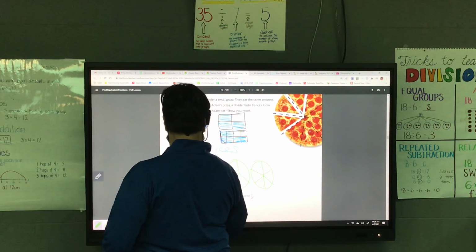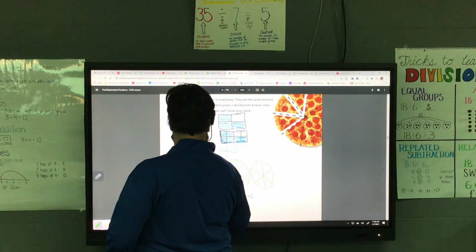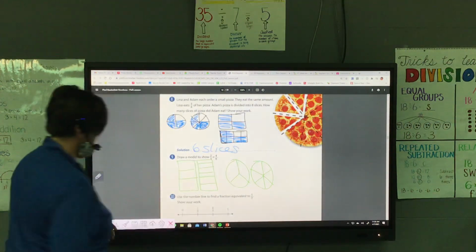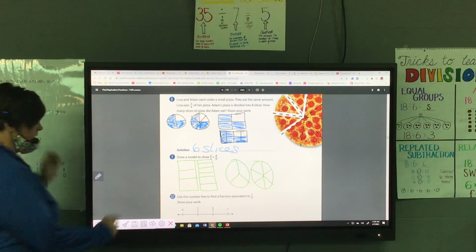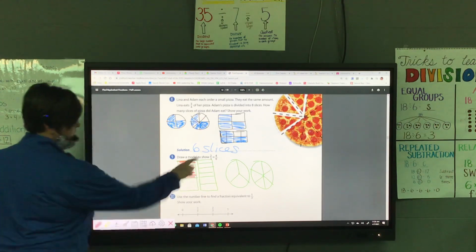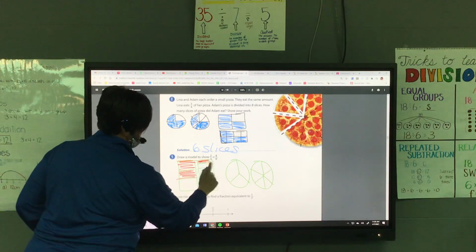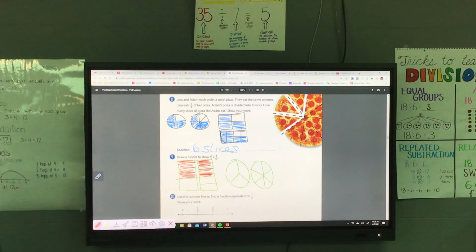Yeah. 1, 2, 3, 4, 5, 6, I think is right. All right, so 2/3 equals 4/6. 1, 2. Now over here I'm going to color in 4. 1, 2, 3, 4. Are they equivalent? Yes.